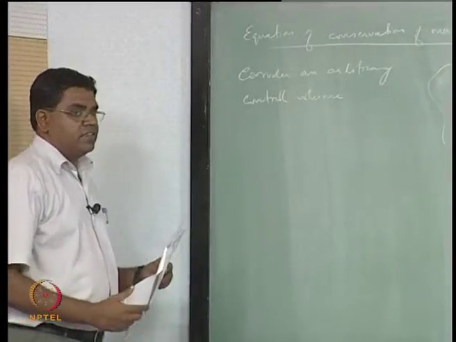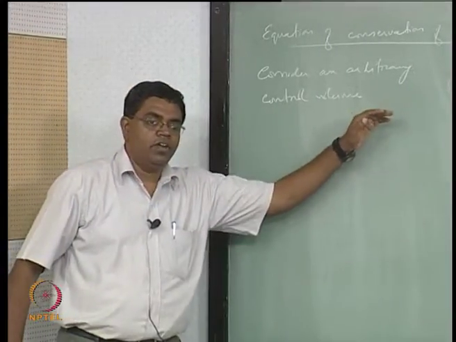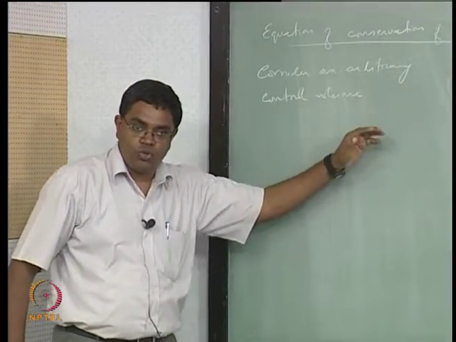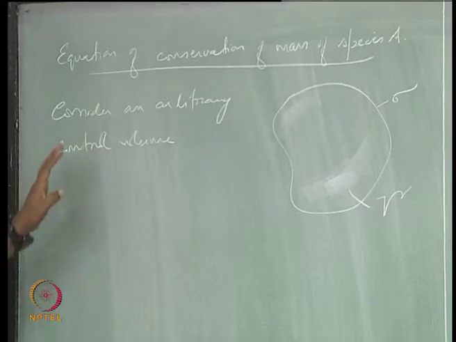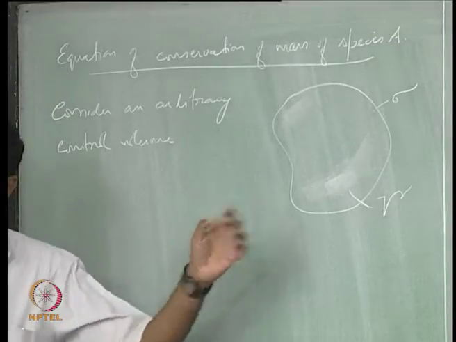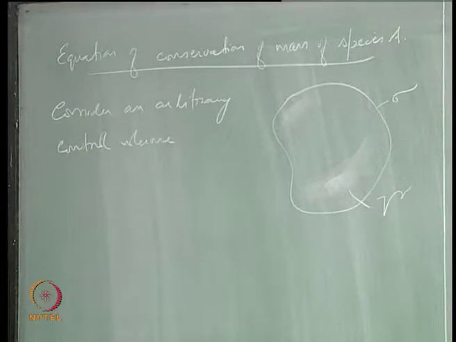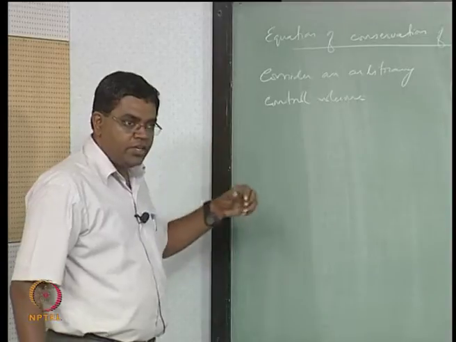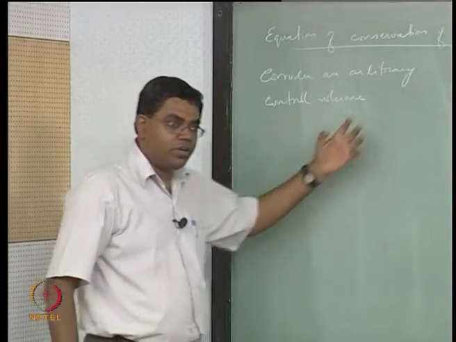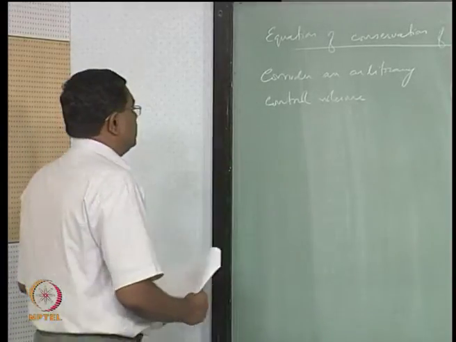I would like to emphasize that the arbitrariness of the control volume is pretty important for us, okay, and that's what actually tries to make it quite general for us, and we will probably try to get the same equations in the end, but we will invoke the arbitrariness of the control volume to do this pretty soon.